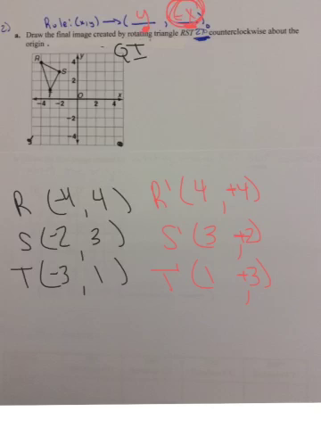So we'll plot our points. R prime, so right 4 and up 4. There's our R prime. S prime is right 3 and up 2. And T prime would be right 1 and up 3. Notice we're in the first quadrant and everything has rotated.